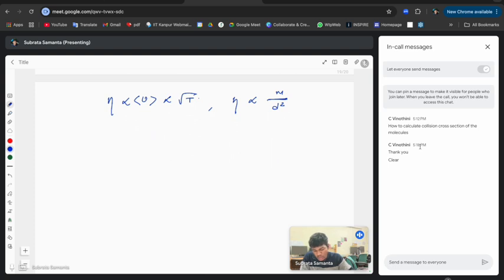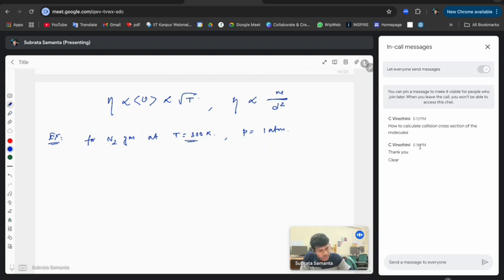Okay, let's do some examples. For N2 gas, again I choose N2 gas as an example, at T equals 300 kelvins and pressure, let's say, 1 atm.